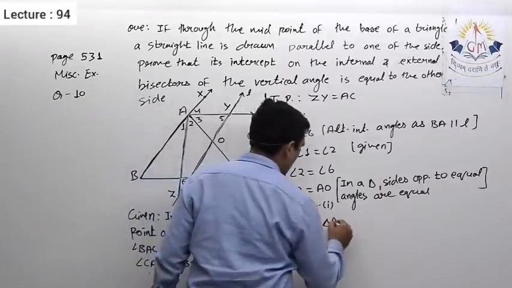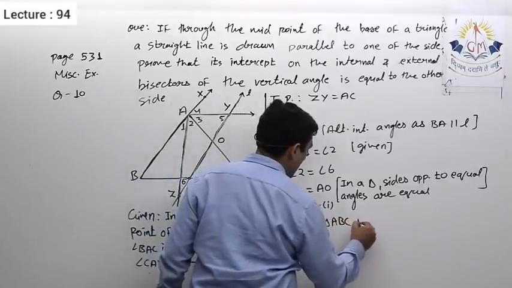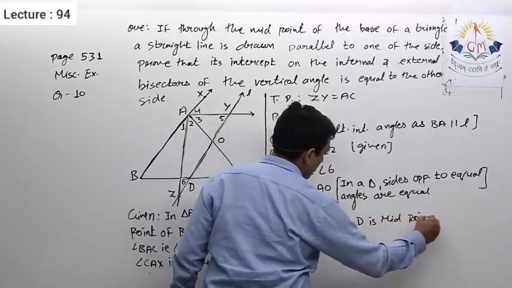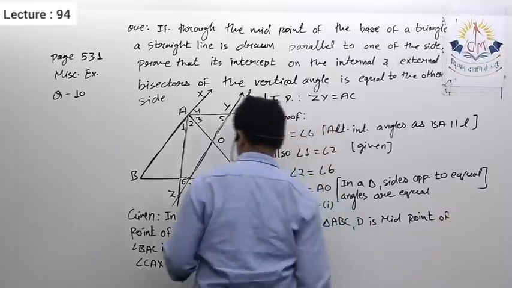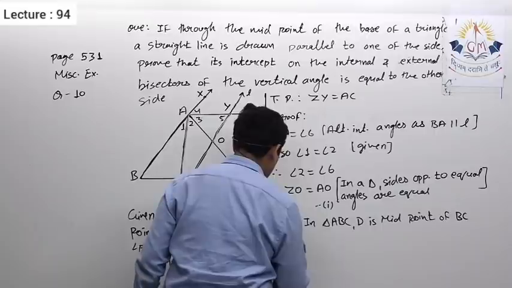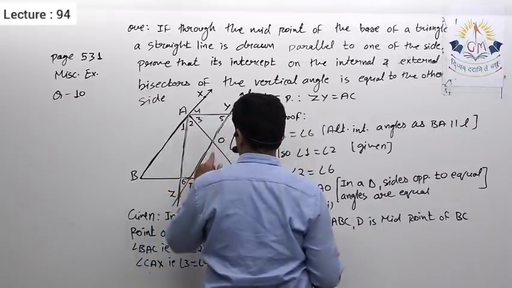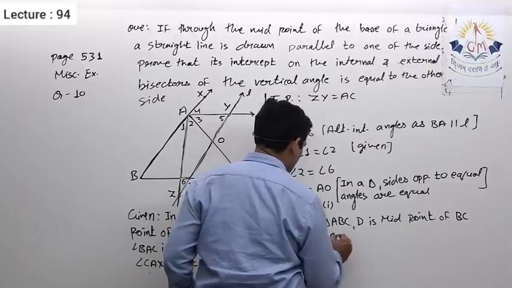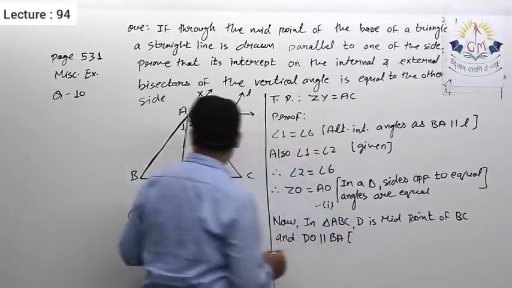ABC, D is midpoint of BC, and DO parallel BA. Now why DO parallel BA?